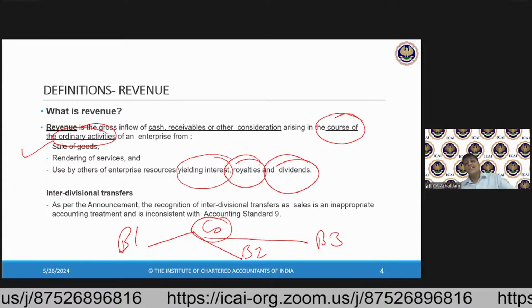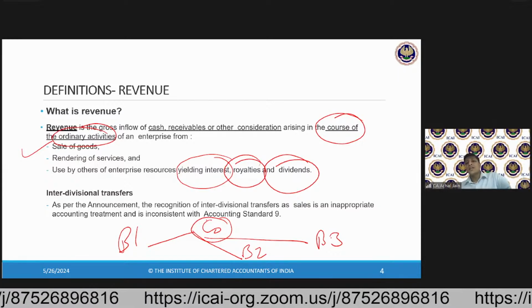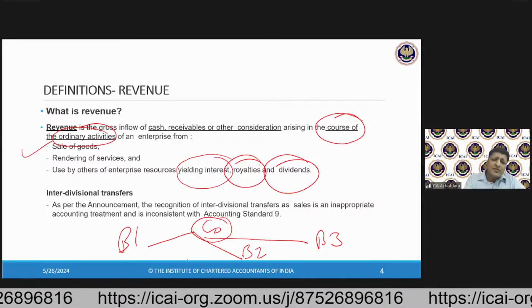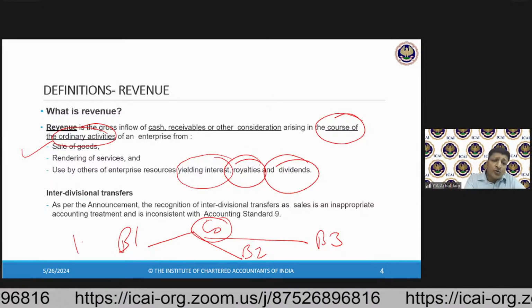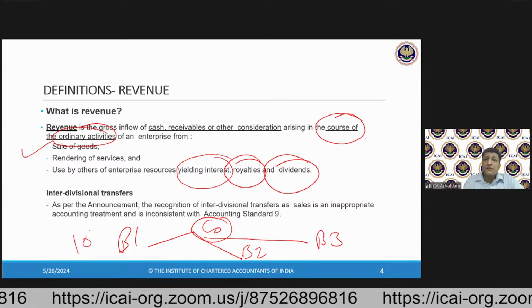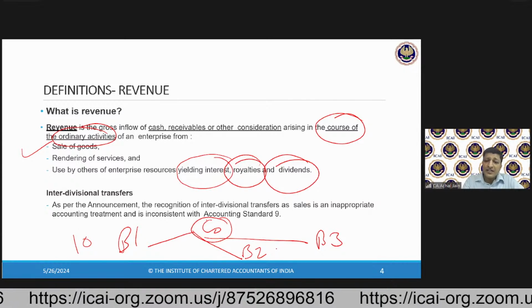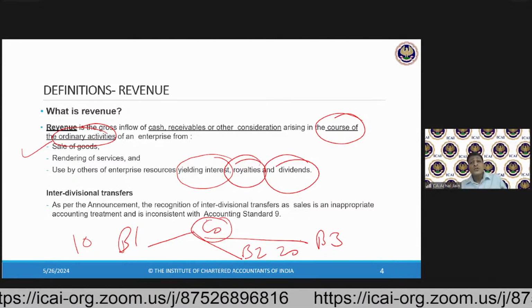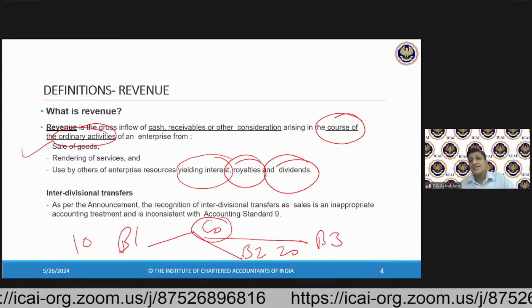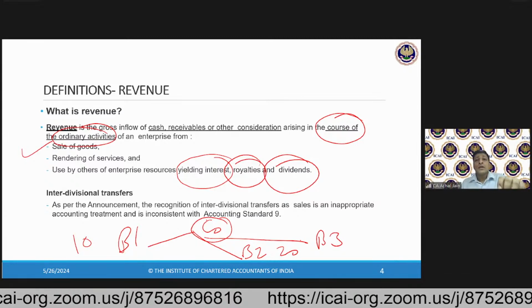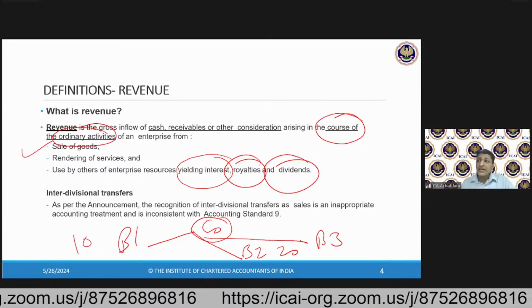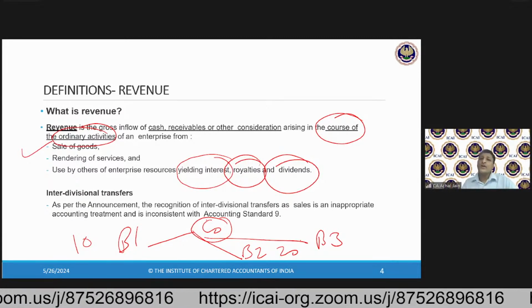Now branch 1 is selling to branch 2, branch 2 is selling to branch 3. Let's suppose sales of branch 1 to branch 2 is 10. Sales of branch 2 to branch 3 is 20. Now, should these branch sales be considered as part of revenue of the company?